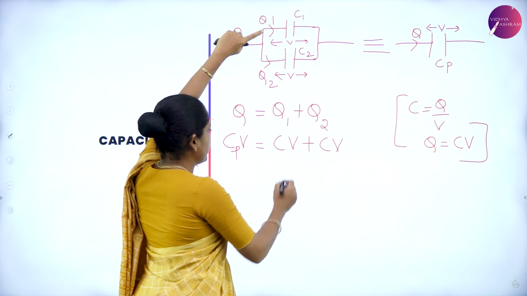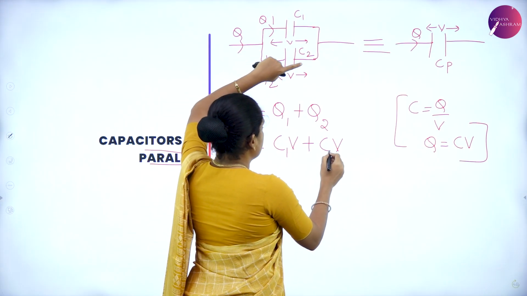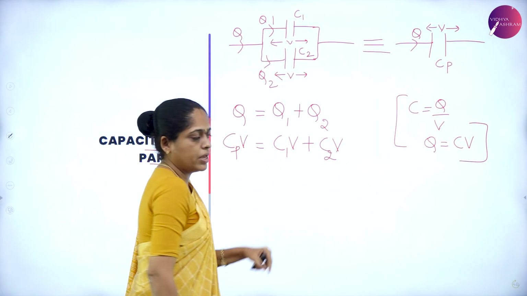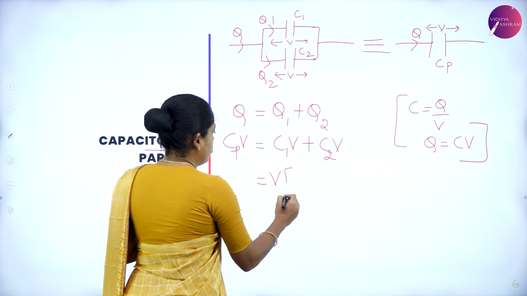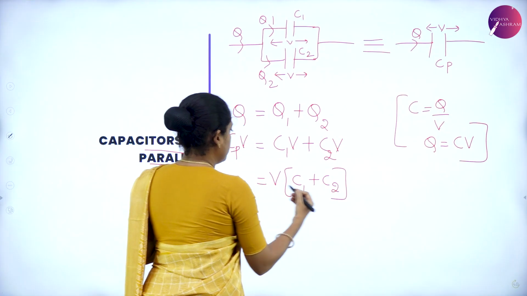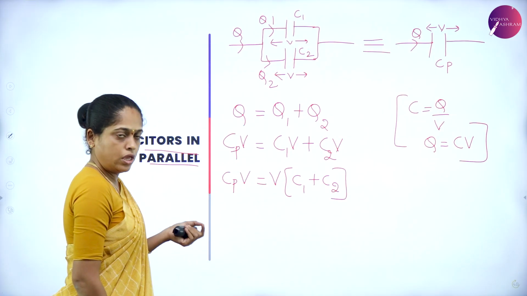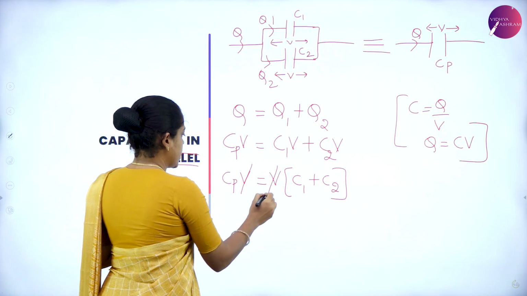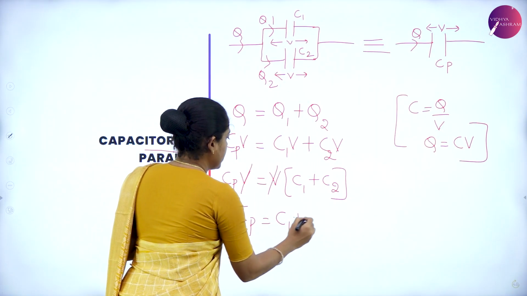For the first one, C1, the potential is the same. For the second one, C2, the potential remains the same. Now, in this the potential is common, C1 and C2 inside the bracket, and on the LHS, Cp into V, V gets cancelled. Therefore, Cp is equal to C1 plus C2.